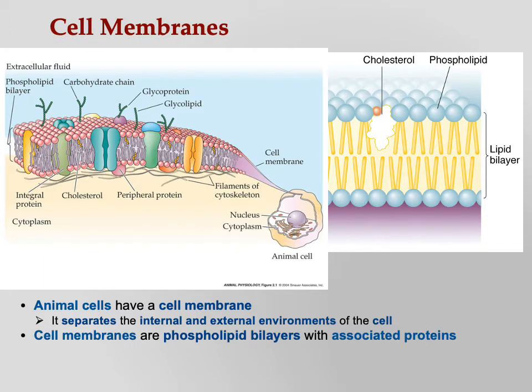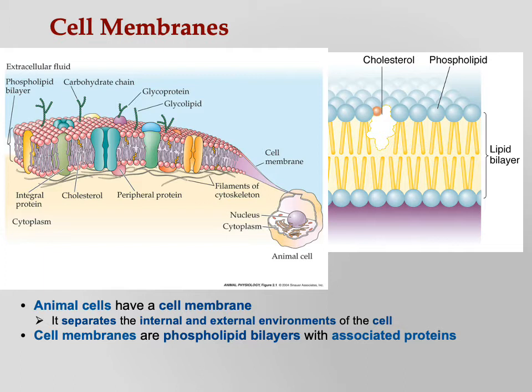Cell membranes are made of phospholipids. Remember, that's a lipid, a fat. You can see on the right-hand side of that illustration the little blue balls, and here I am talking about blue balls again. The little blue balls are the phosphate head, and then the yellow tails are the fatty acid tails, all right? So the phosphate head is hydrophilic.